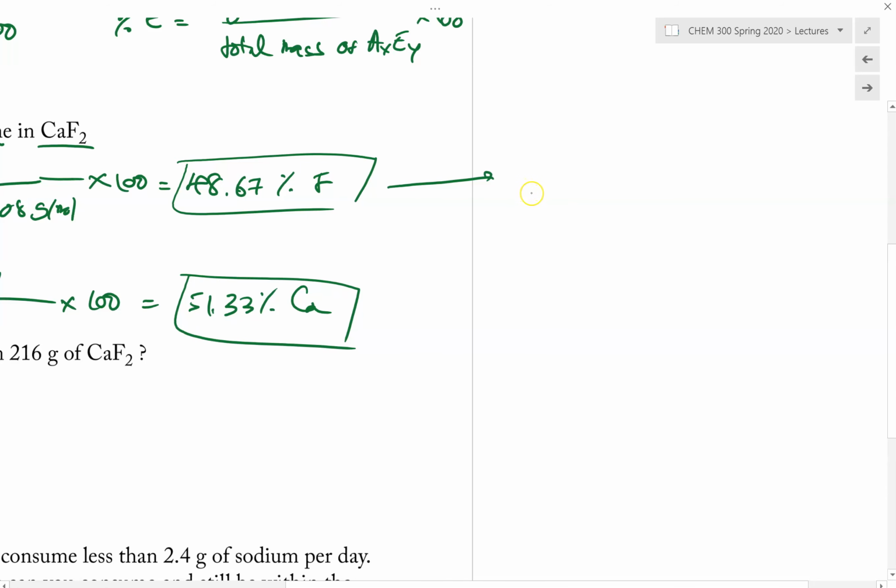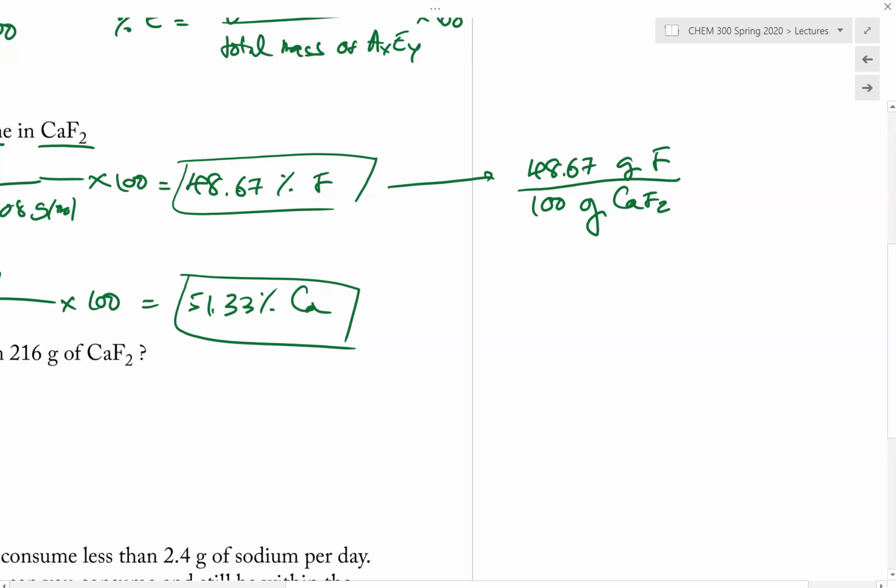If we have the percentage, we can assume the denominator is exactly 100 of the total. In this case, the entire compound is calcium fluoride, so that means 100 gram of calcium fluoride, and on top, 48.67 gram of fluorine.